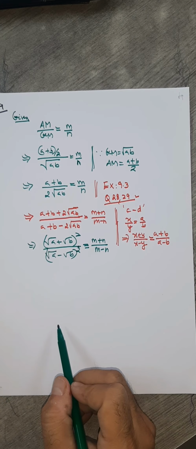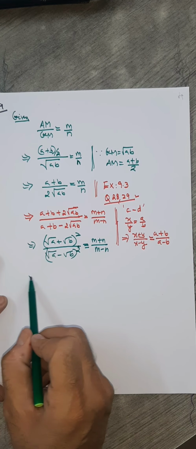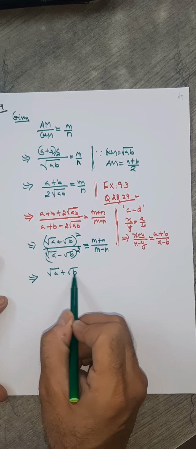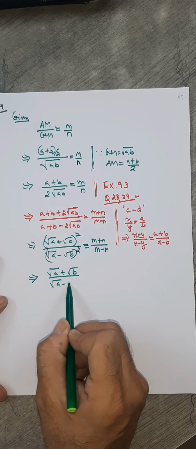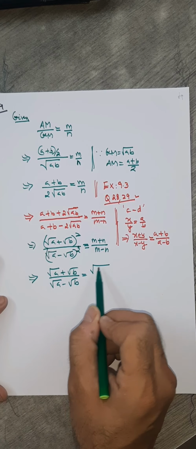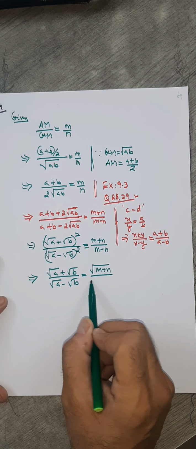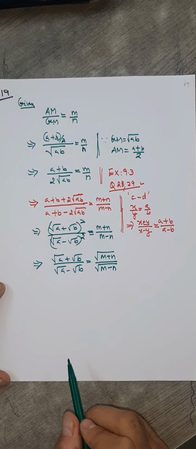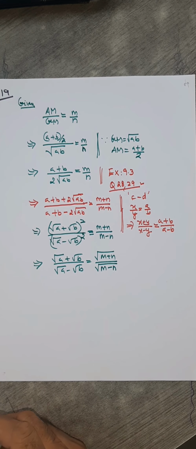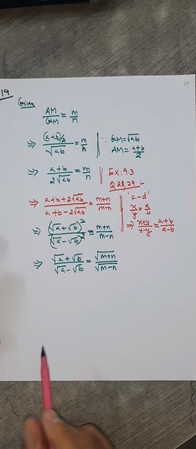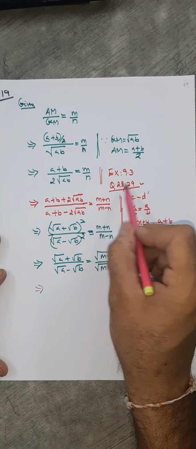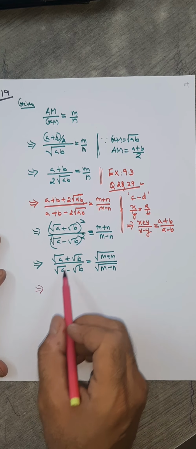What you want, that should be there in your mind. You want ab. Okay, I'll take the square root. Root a plus root b upon root a minus root b equals root of m plus n upon root of m minus n. Just taking the square root. Fine. Now what we'll do? Again, if you just go back to these solutions, I'll add these two.